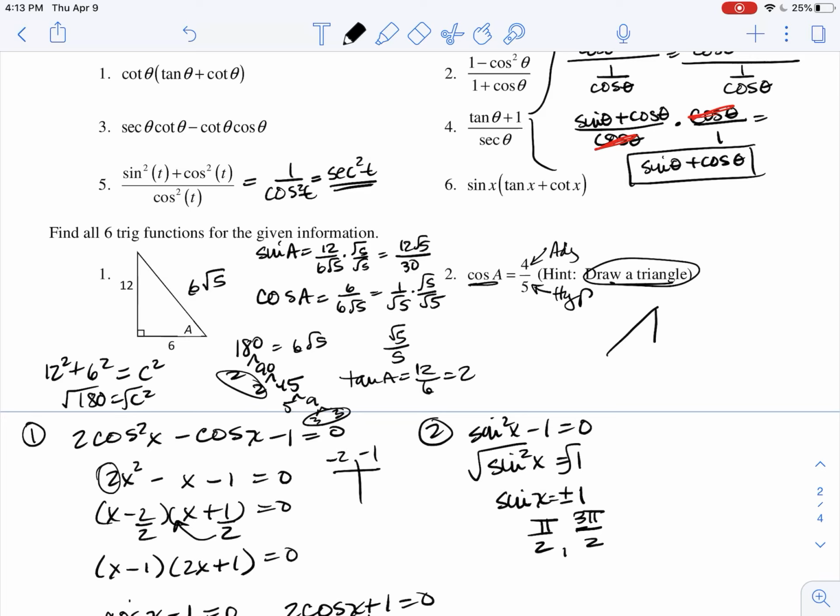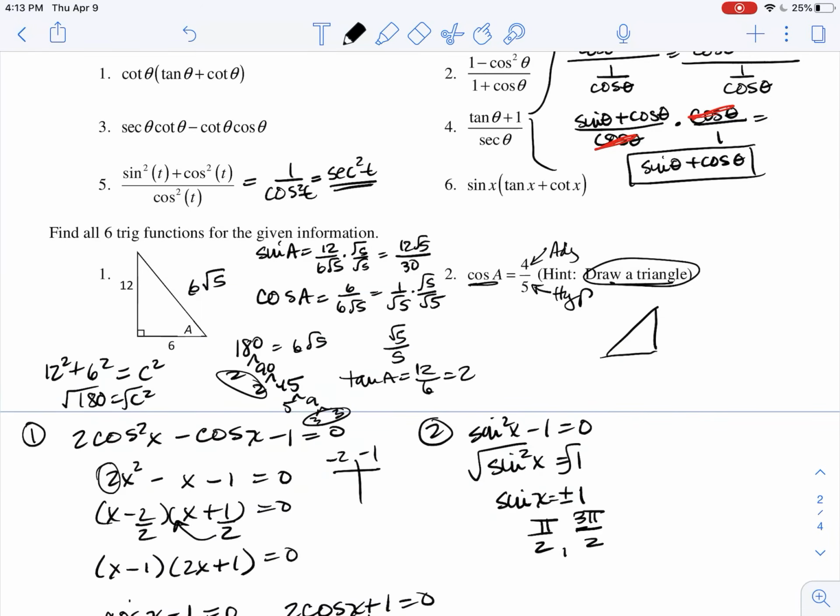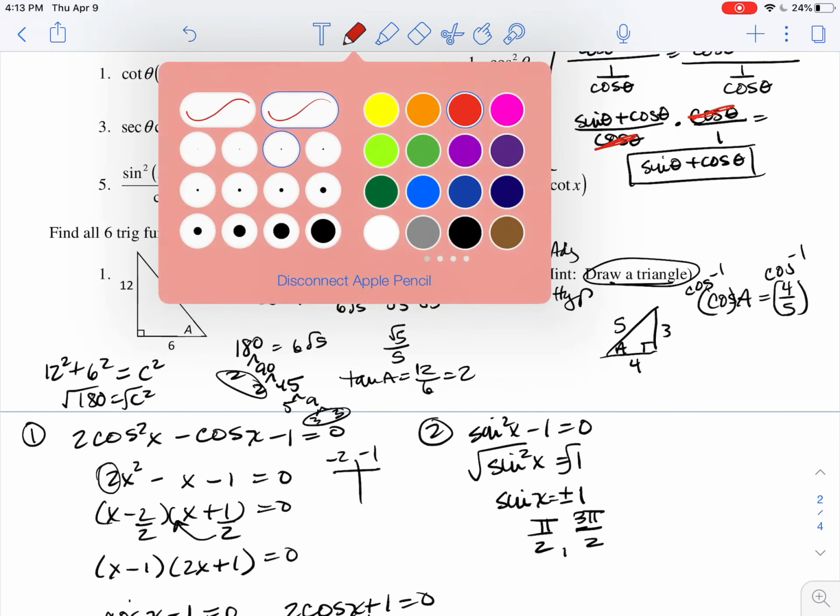On the last problem, cosine of A. Okay, so this is the adjacent and hypotenuse. So hand draw a triangle. I'm assuming it's in quadrant 1 because both of these values are positive, and I'll just call this guy A right here. So adjacent over hypotenuse, hey, that's a 3, 4, 5 right triangle. And, oh, well, if I want to find cosine A, how do I get A by itself?